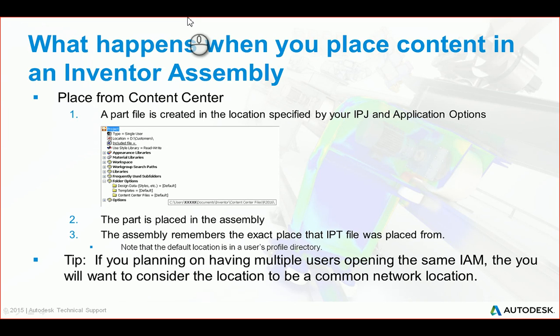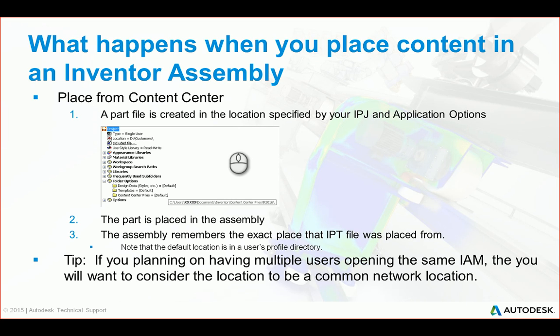Now, the assembly will remember where that part was placed. We frequently have people come in and say, we've been creating all these parts, and now I give the assembly to somebody else and they don't have those parts, because the default location, as you can see, is in the user's personal project, and other users don't typically have access to another user's profile folders.